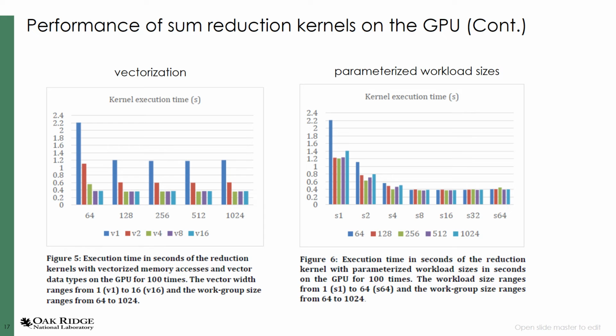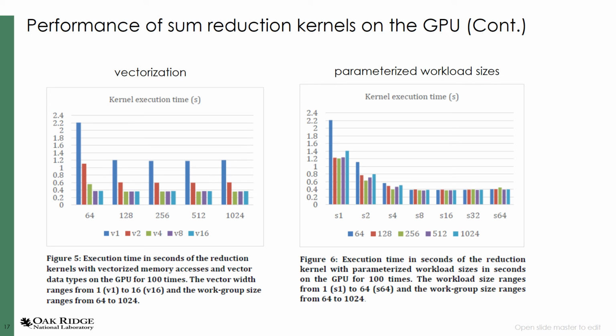Fig 5 shows the total execution time in seconds of the vectorized reduction kernel with respect to the workgroup sizes and the vector width for 100 iterations. The nearly linear decrease of execution time from a vector width of 1 to a vector width of 4, and almost no performance improvement across the workgroup sizes from V4 to V16, indicate that V4 is the most effective for vectorized memory accesses.